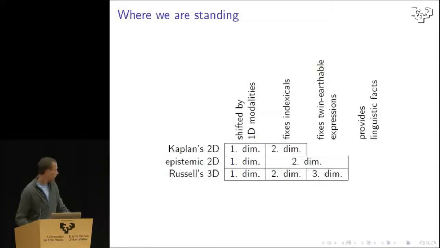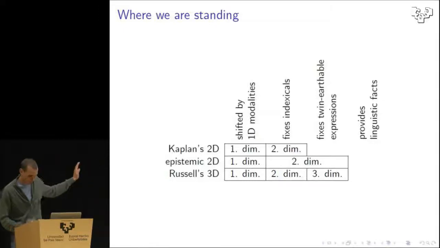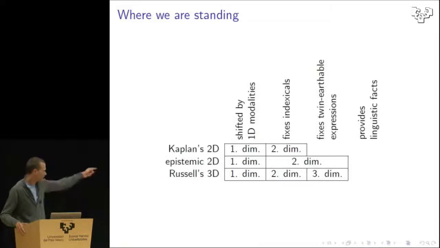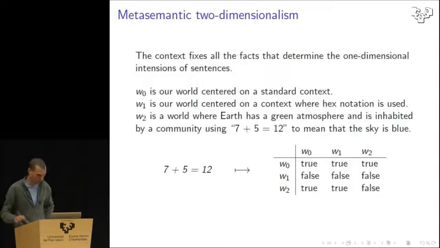Okay, so then there's one additional dependence of the extension that I want to talk about, and the motivation to have this as well is the metasemantic interpretation of two-dimensionalism. And this is a reading of the framework that is now mainly associated with Stalnaker. But also here, there are some very early papers by Bas van Fraassen where he uses a two-dimensional modal logic.